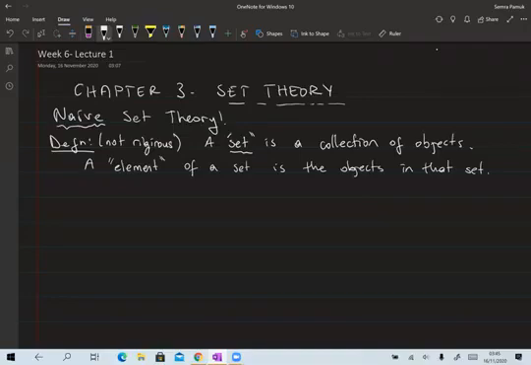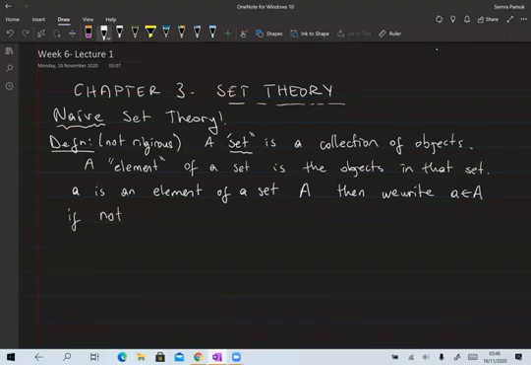If an object, let us say a, is an element of a set, let's say capital A, then we write a is in A. This is the notation. If not, the notation is a is not an element of A.